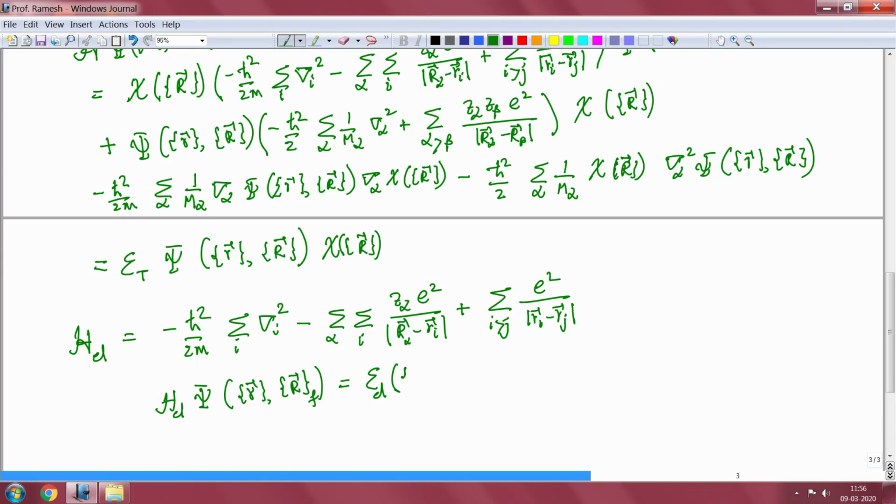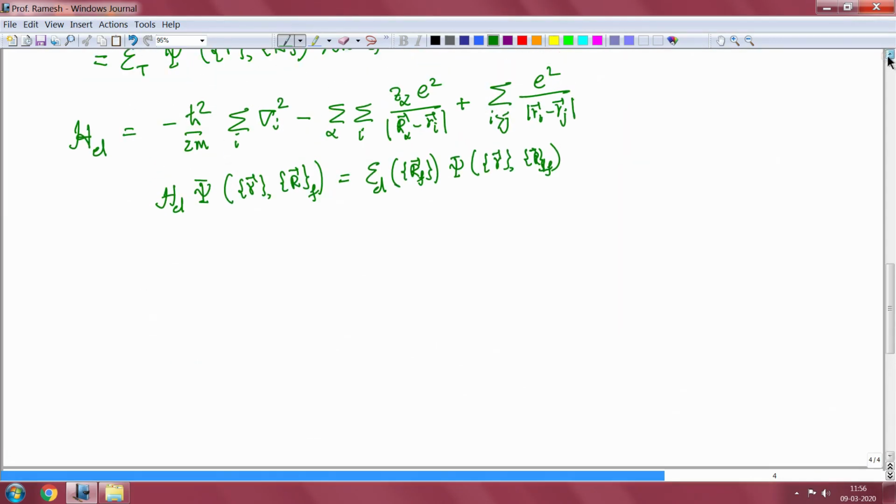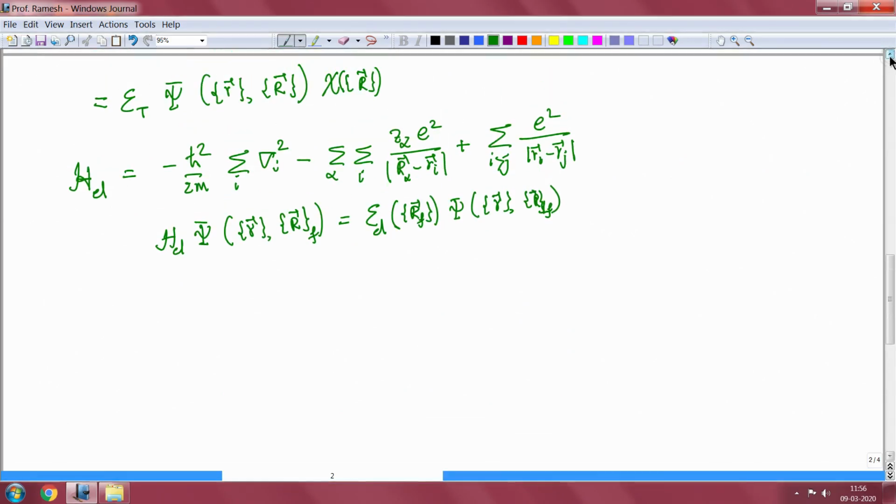So, this is a nuclear position dependent energy, E electronic, times psi of r comma R f.